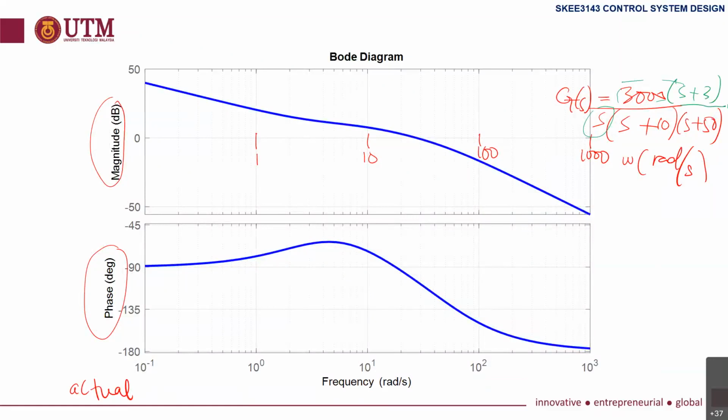1 zero, 3 poles. And let's see also the phase here. Just to inform you that each pole contributes minus 90 degrees.